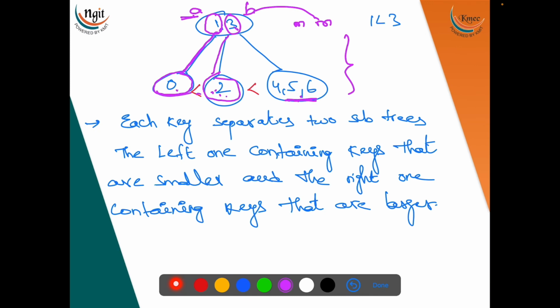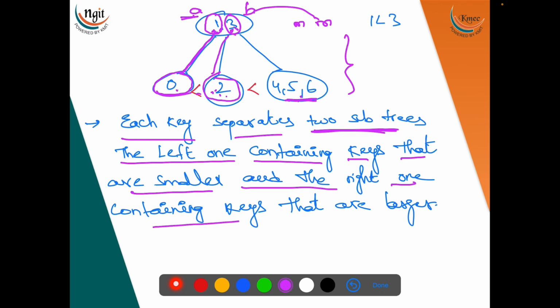And regarding the order, each key separates 2 subtrees. You are given 2 keys, and each key separates 2 subtrees: the left one containing keys that are smaller and the right one containing keys that are larger. That is the reason why I have given this symbol.